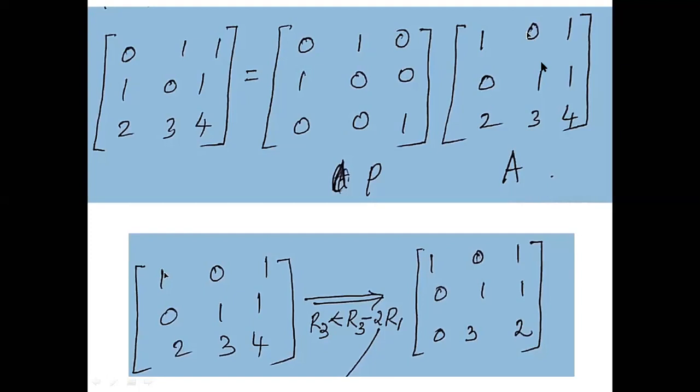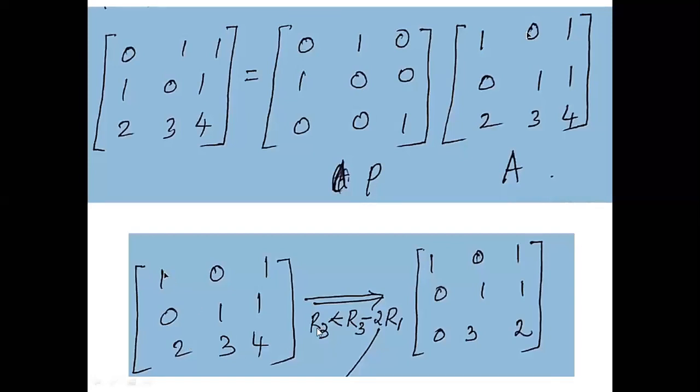So we take A here, which is 1, 0, 1, 0, 1, 1, 2, 3, 4, and we know that for the LDU decomposition, we need this matrix A as an upper triangular matrix. So the issue here is that you have 2 here and 3 here, and we need to get rid of that because in the upper triangular matrix only the main diagonal and above should be existing.